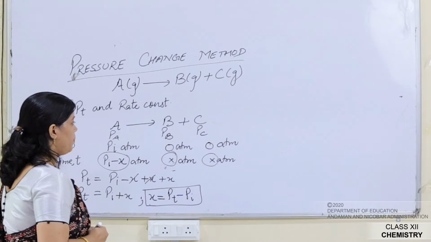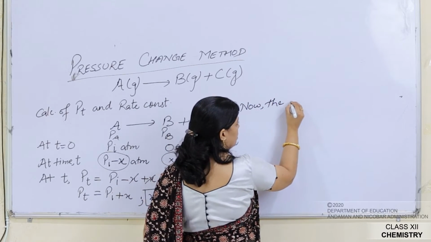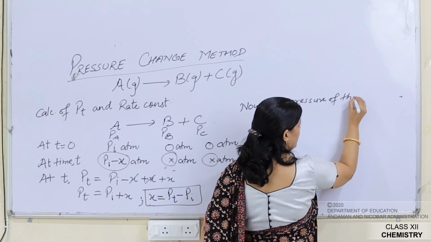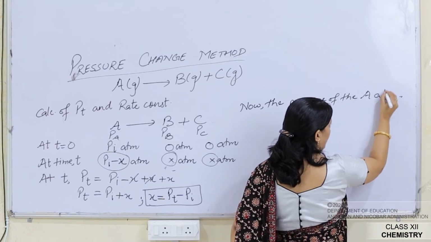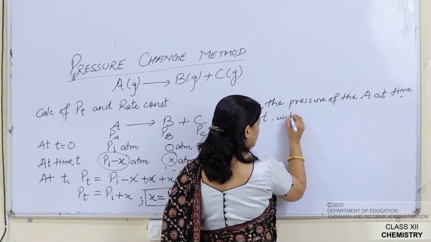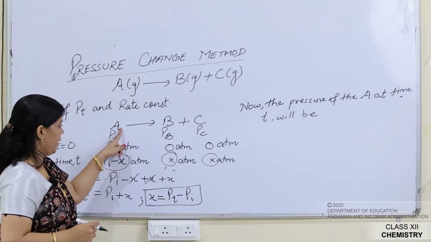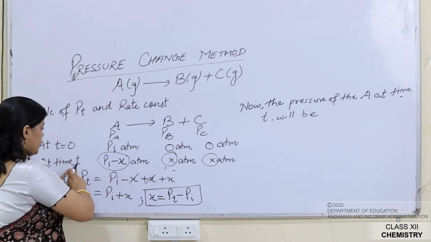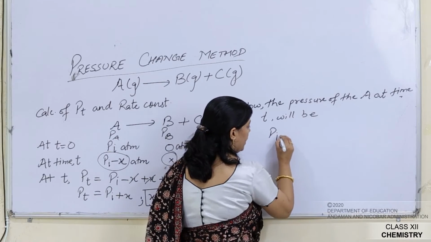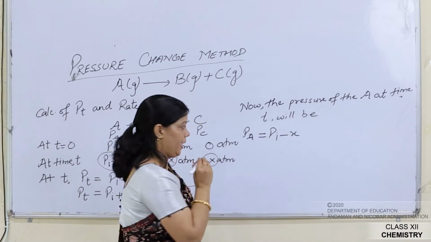Now, what is the pressure of the reactant A at time t? At time t, the pressure due to component A is Pi minus x, which is equal to Pa, the pressure of component A at time t.